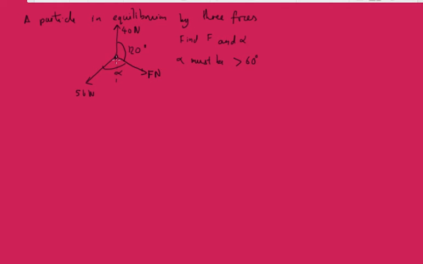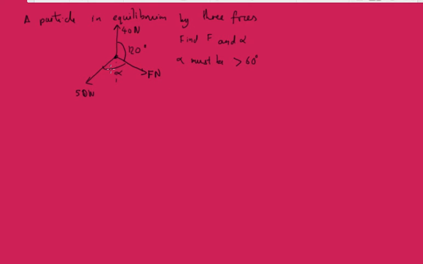If it was less than 60, the force here, this force of 50 newtons, would fall in to the right, so there'd be no force pulling towards the left, and if all the forces were pointing to the right, the particle would be moving. There'd be an unbalanced force.